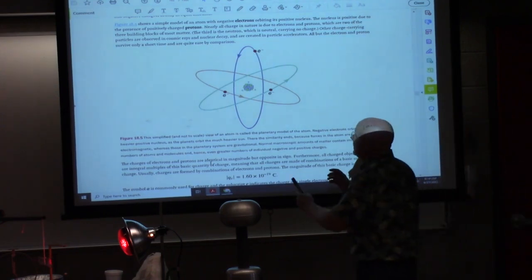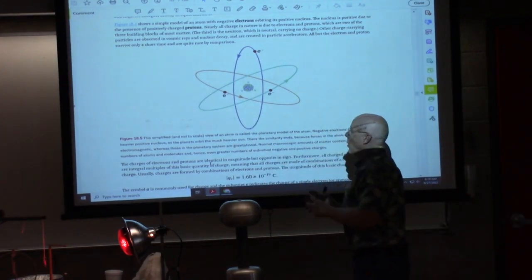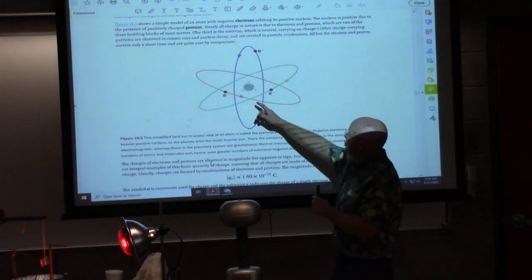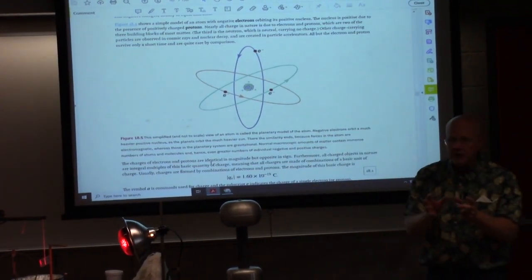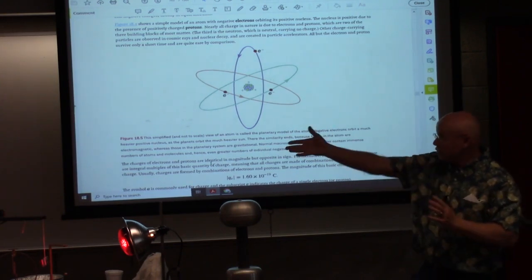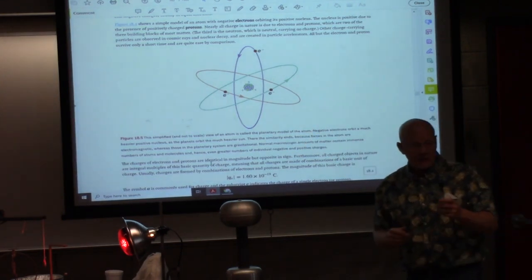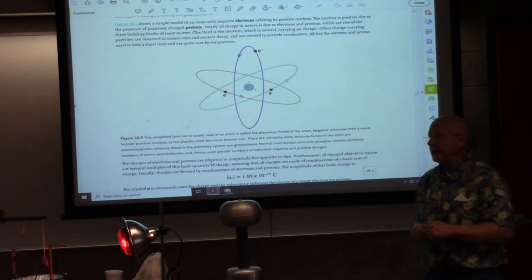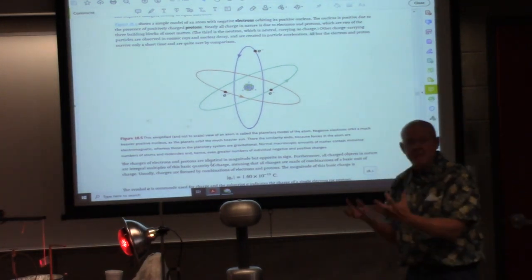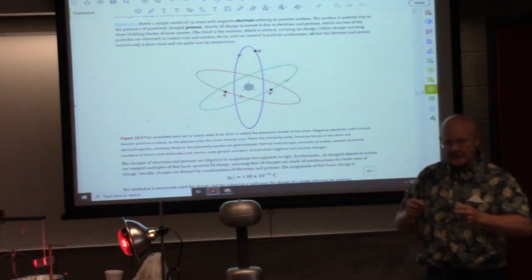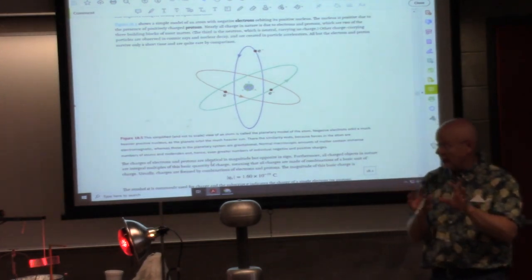That is, there is a nucleus where there are neutrons and protons, and it's the protons we're going to focus on. In fact, I didn't even put neutrons on that board, but later on, I believe it's chapter 31, we're going to dive a little bit deeper into the structure of the atom, and we'll talk about the neutrons and other parts.